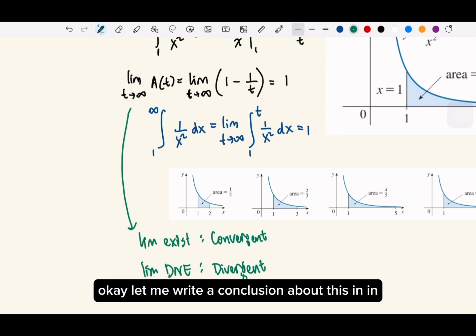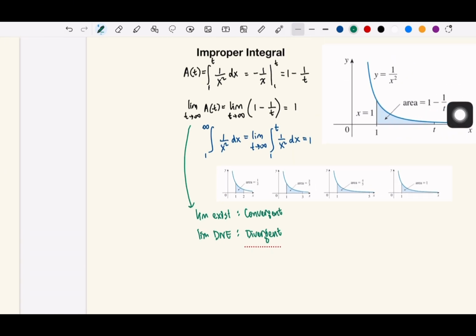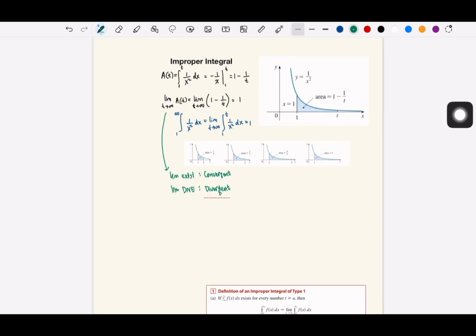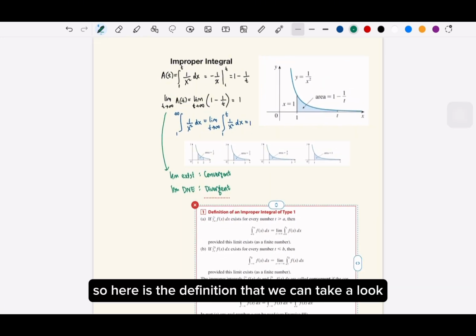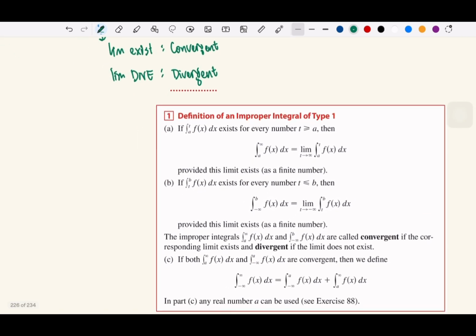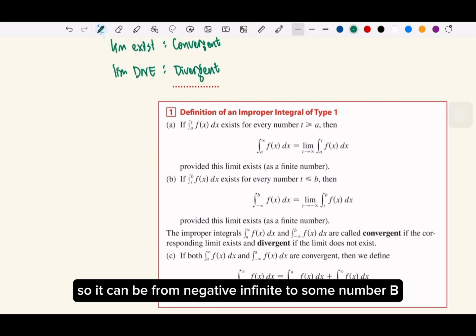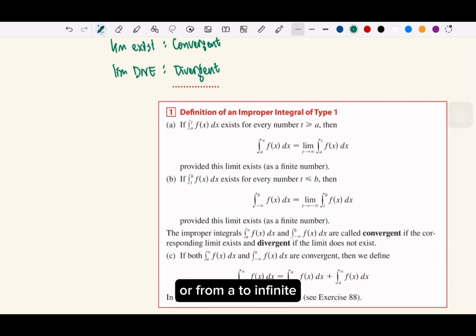Let me write a conclusion about this in the definition. So here is the definition that we can take a look at. It can be from negative infinity to some number b, or from a to infinity.